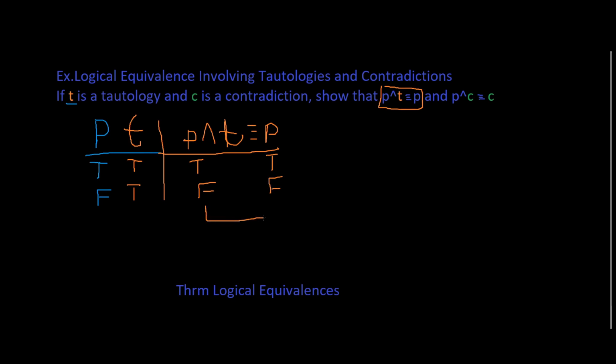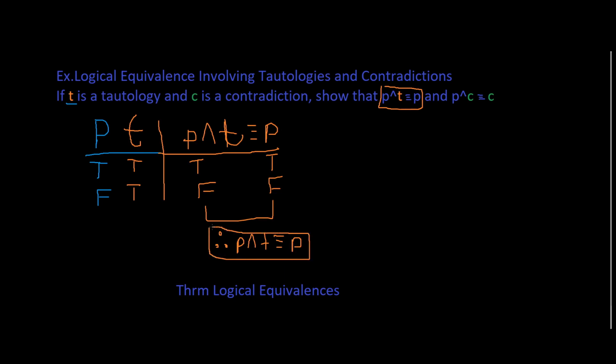Yes, it has the same truth values for P and T. And so we say thus P and T are logically equivalent to P. And that's going to be our answer.